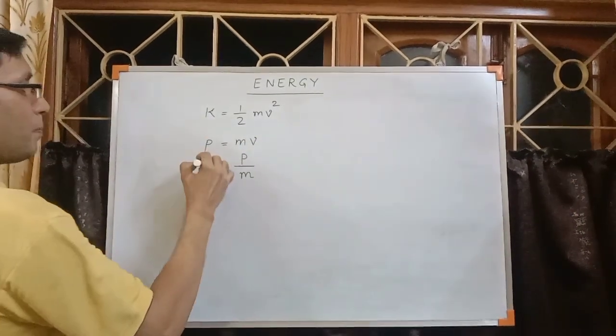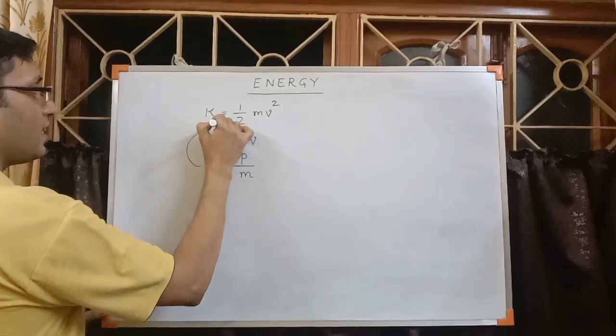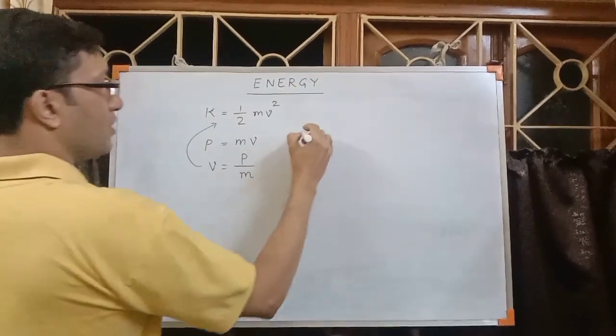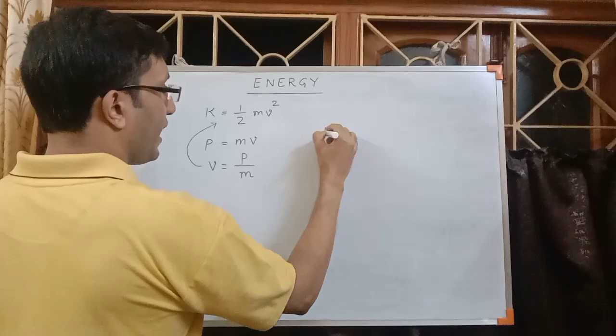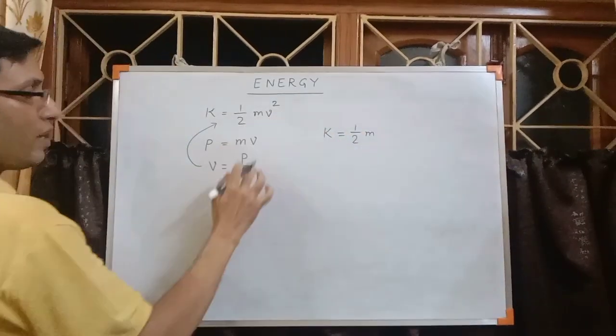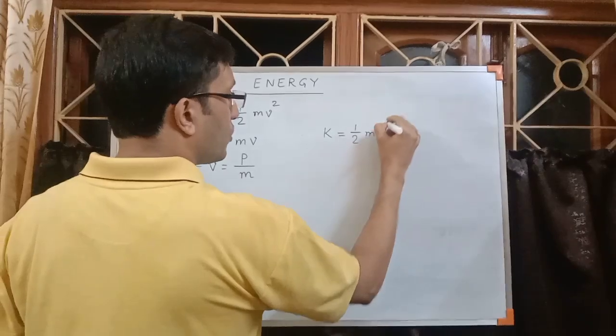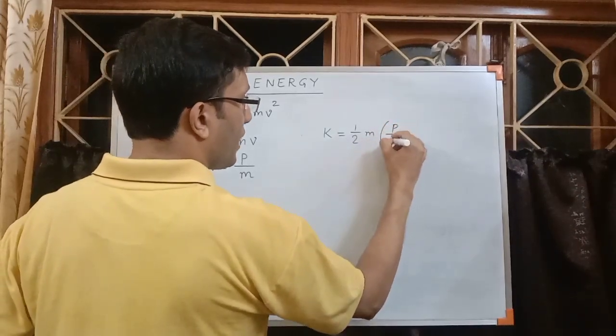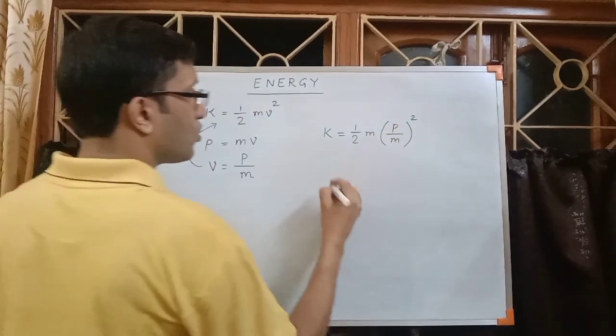So we will replace this value of v in this equation for kinetic energy. So therefore, kinetic energy is equal to half m, and in place of v, we will replace P by m. So that is P by m whole square.